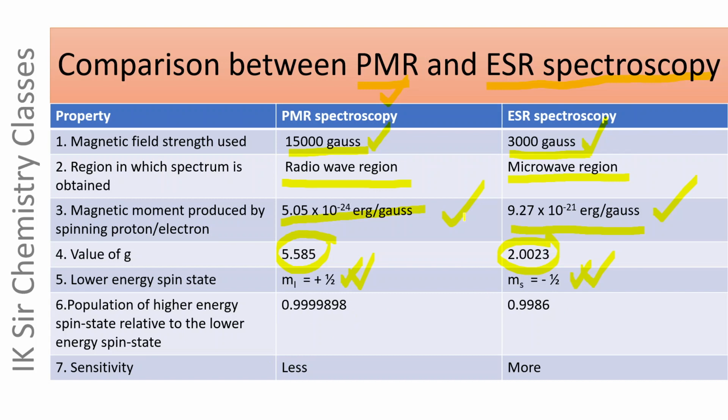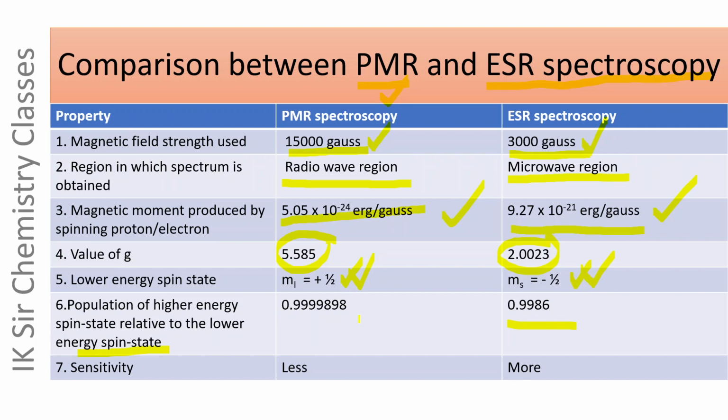Population of the higher energy spin state relative to the lower energy spin state in the case of proton is 0.9999898, while in the case of a spinning electron it is 0.9986.